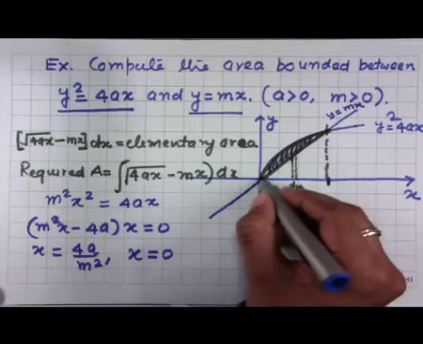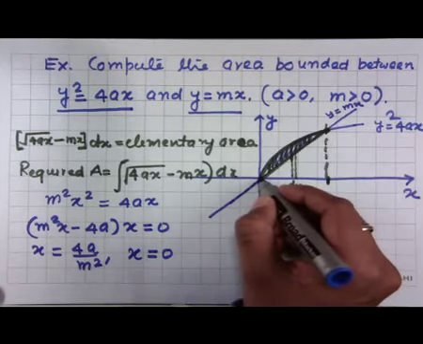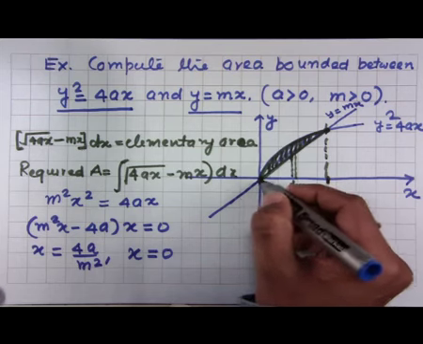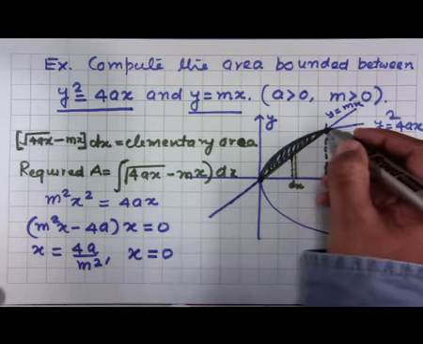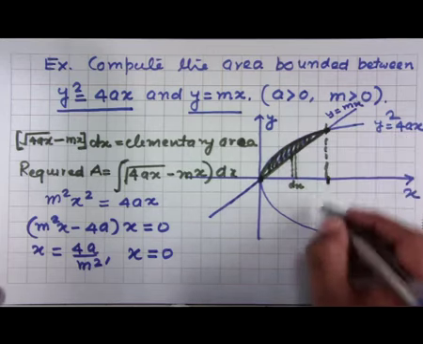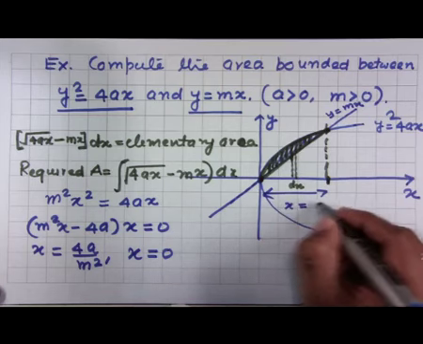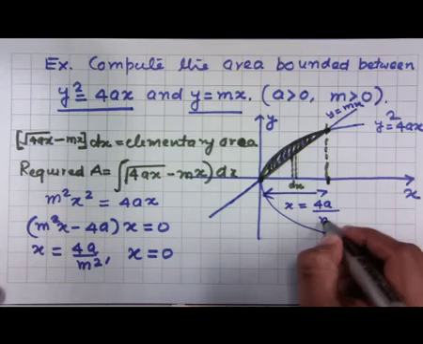This gives you two points: x equals 0 gives one point of intersection, that is the origin, and x equals 4a by m square gives another point of intersection. So, this is your x equals 4a by m square.